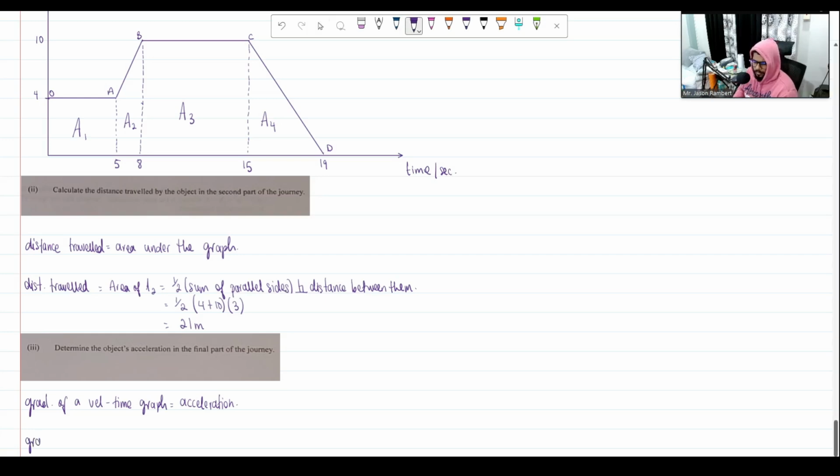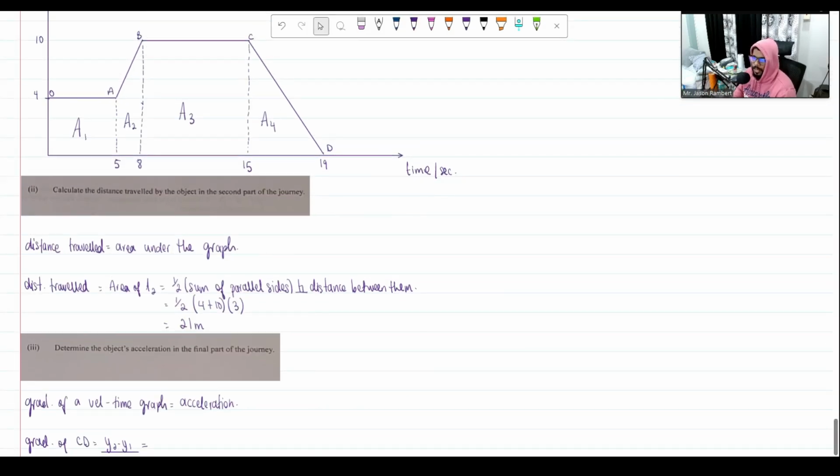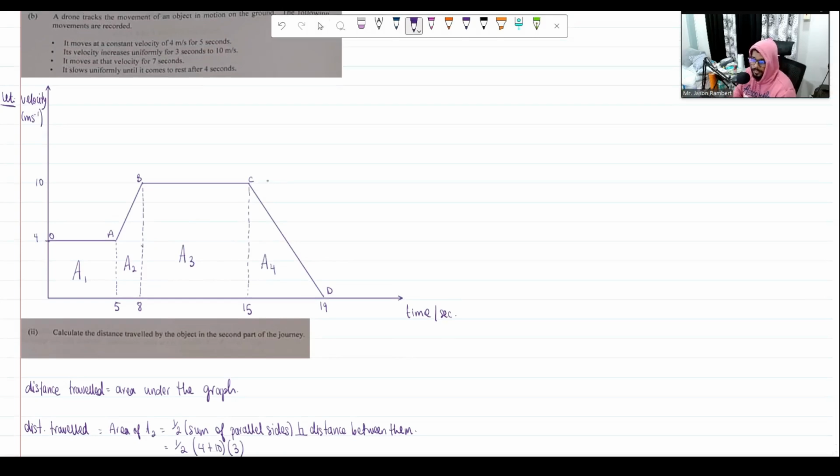The gradient of CD is equal to y2 minus y1 over x2 minus x1. I'm going back to basics.